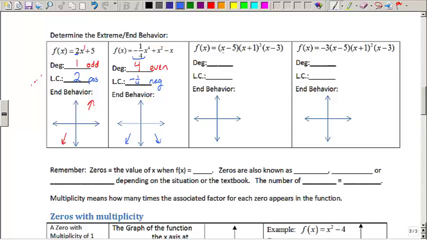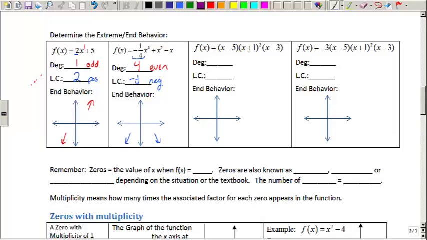Next, we have f of x equals x minus 5 times the quantity x plus 1 squared times x minus 3. We have a polynomial, although it's not distributed out. So I'm going to have a hard time finding the degree and the leading coefficient if I don't have it distributed out. So I'm going to distribute out only the first term.